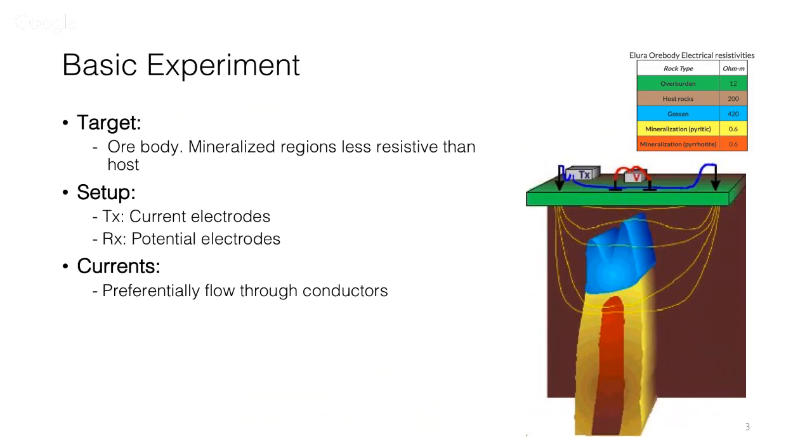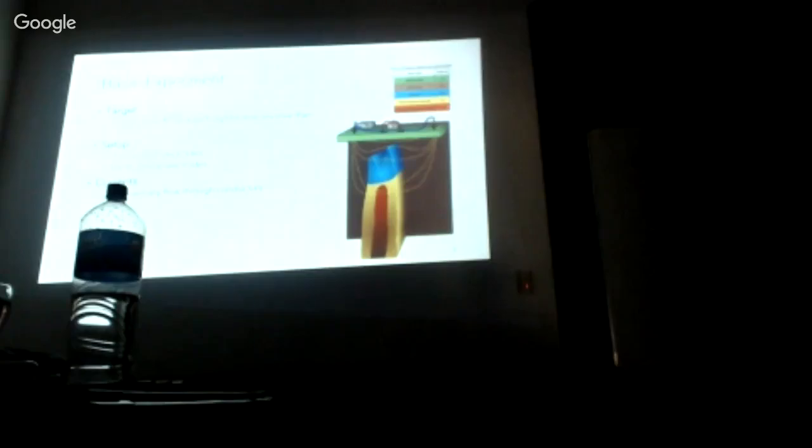But then the question is, what is really happening, or what are we measuring that's really sensitive to this body? Maybe it's the currents that are flowing around. I'm just trying to see how you intuitively understand what's going on in DC resistivity.